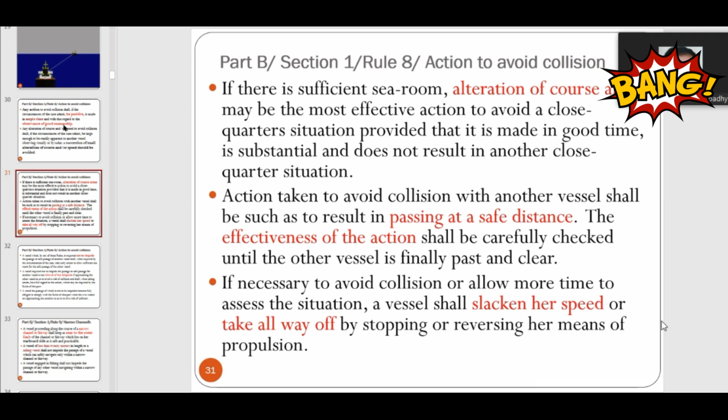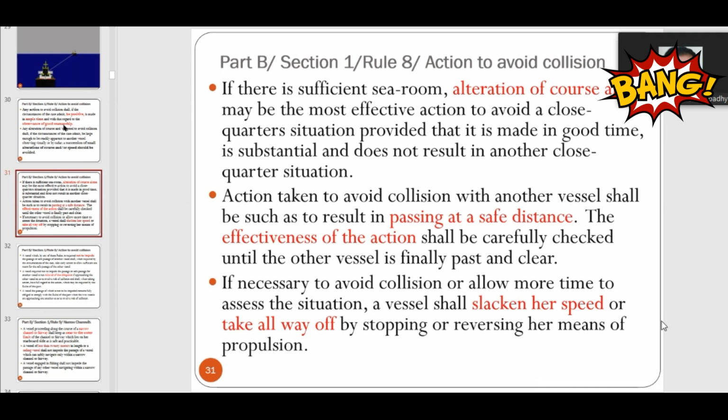Again, what does safe distance mean? It means the distance at which there should not be any risk of further collision. As simple as that.